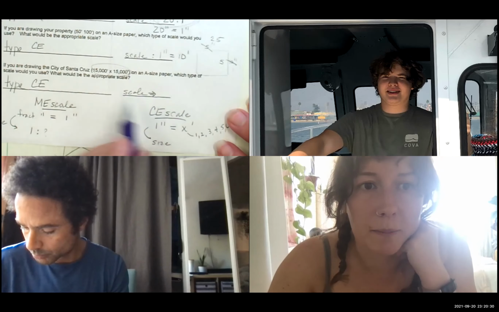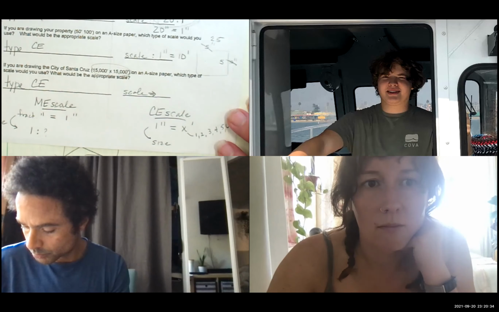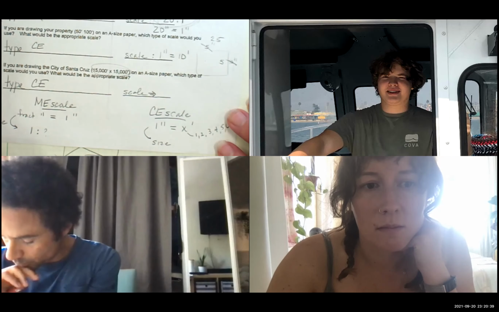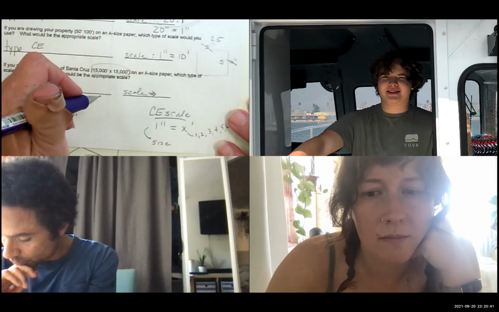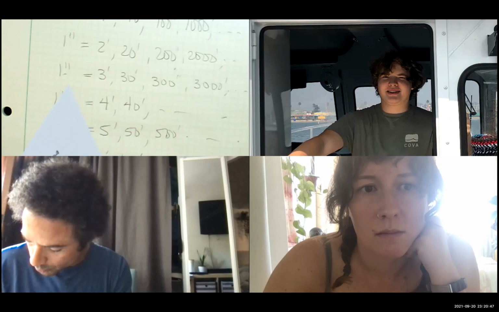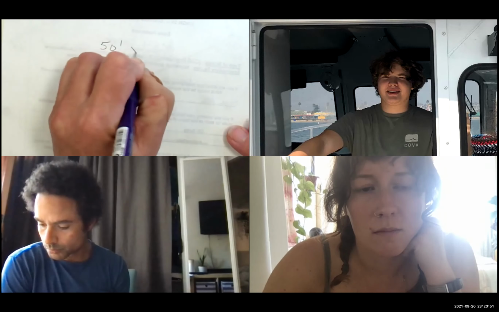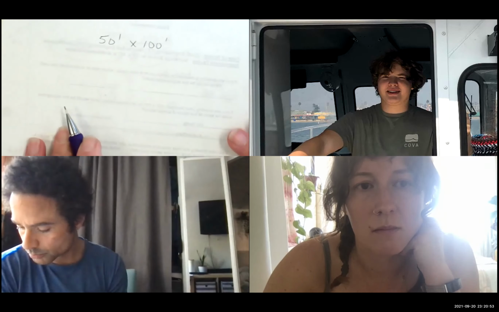But in the meantime, what we're doing is we're really looking at 15,000 and saying, well, I only have 10 inches on my paper. How am I going to get it to be shrunk? So let's go on the back of here. We had a property of 50 feet by 100 feet, right?